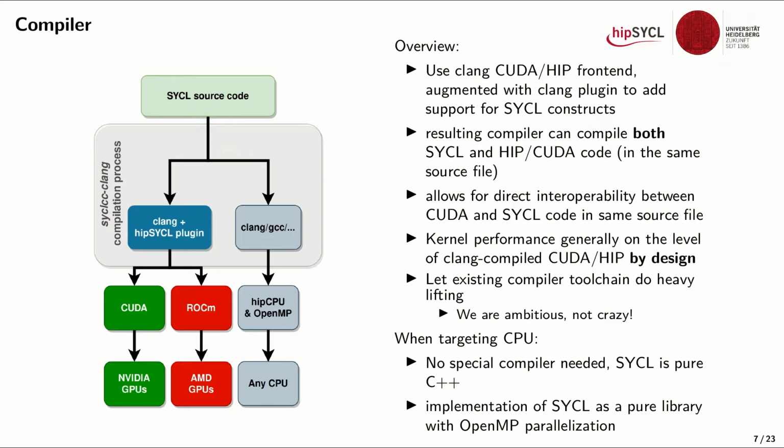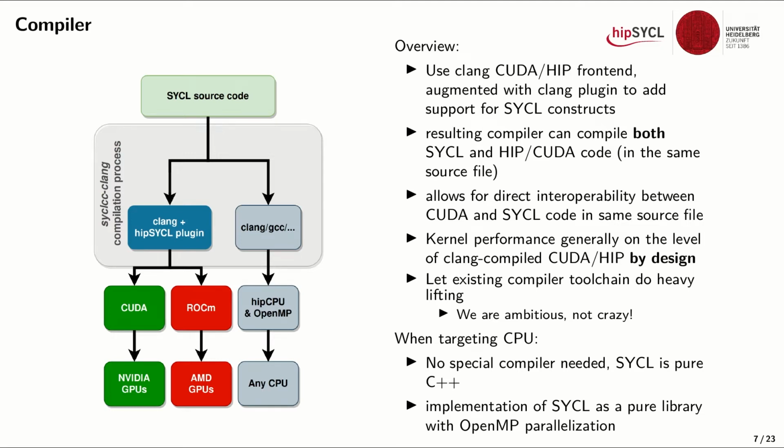And to the left you can see the compilation options. So your SYCL code goes into SYCLcc, which is our compiler wrapper, and then depending on which platform you want to target, if you want to target a GPU, then clang will be invoked together with the hipSYCL plugin.